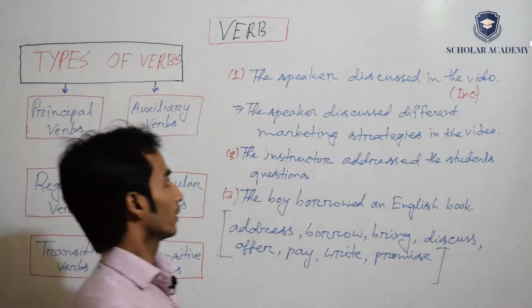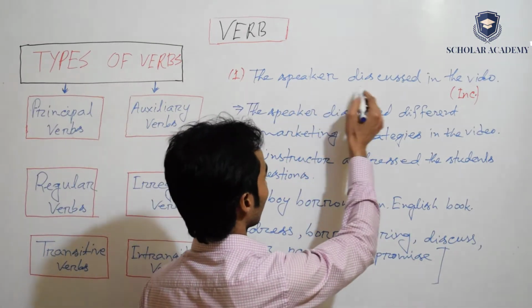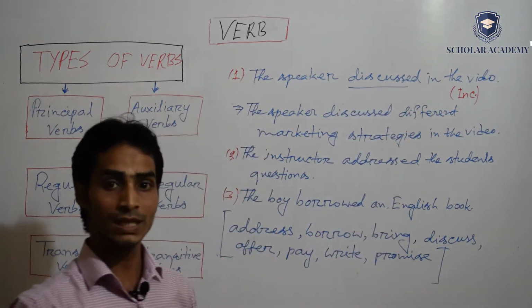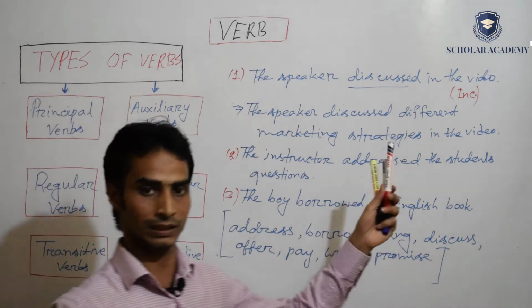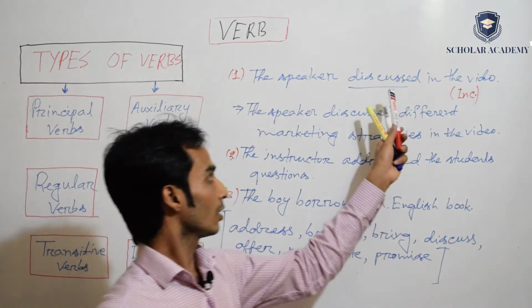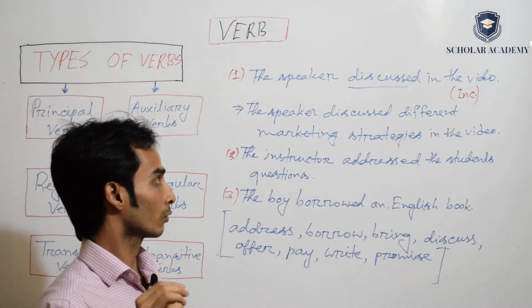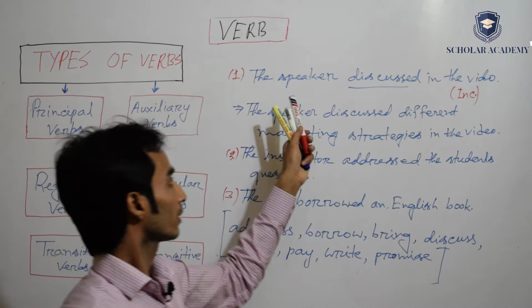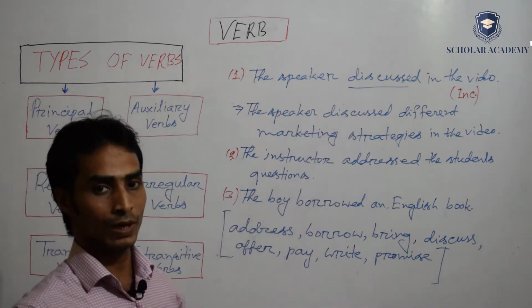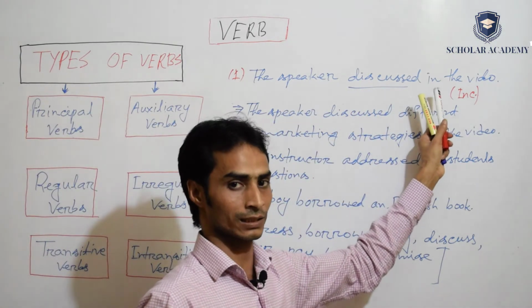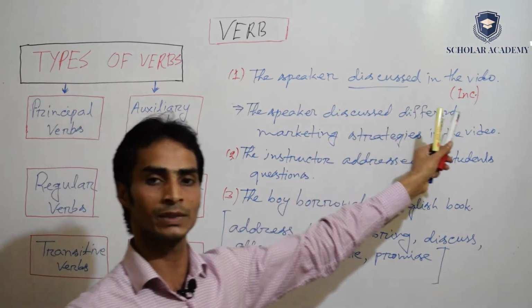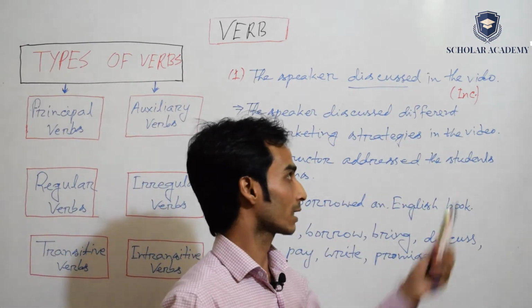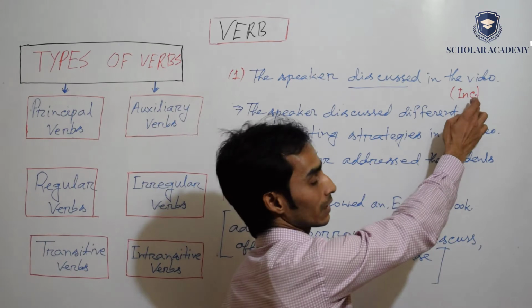So in the sentence, the verb discussed requires an object. It is necessary to receive an object. That's why the speaker discussed what? There is no answer in the sentence. The speaker discussed what in the video? There is no answer in the sentence. That's why the sentence is incorrect.